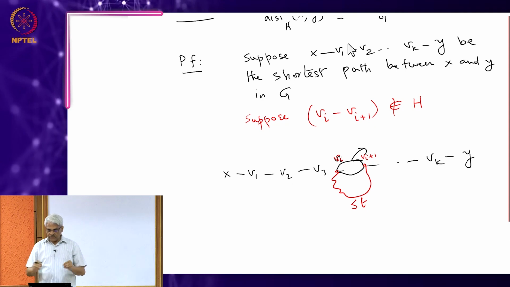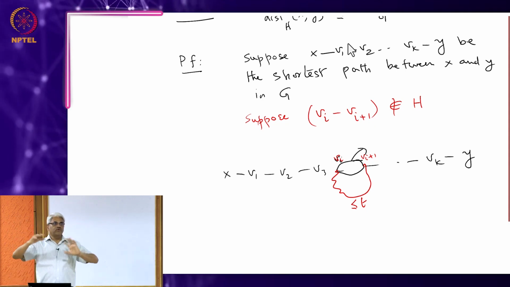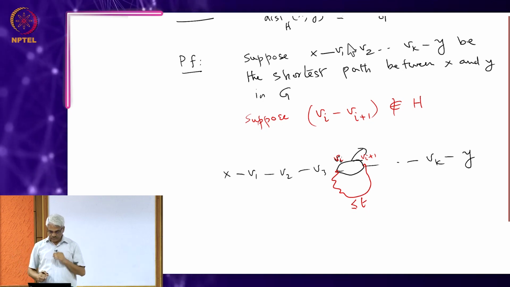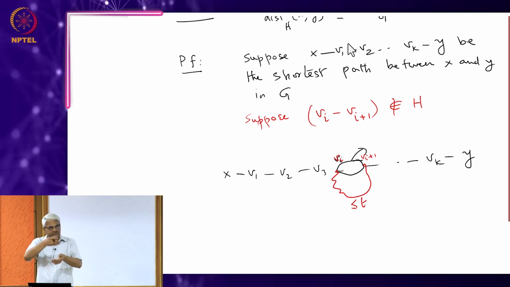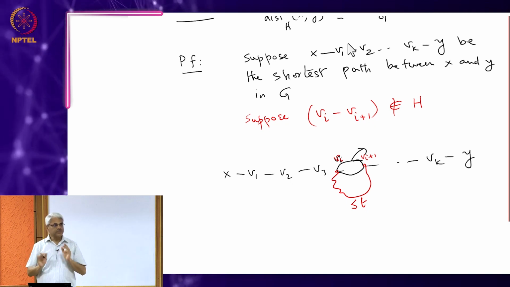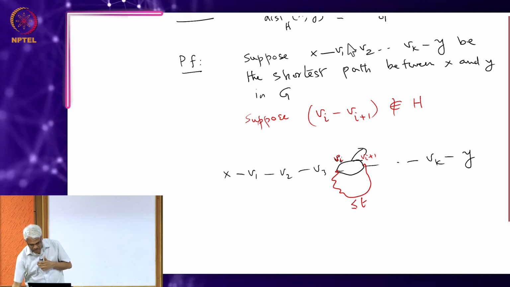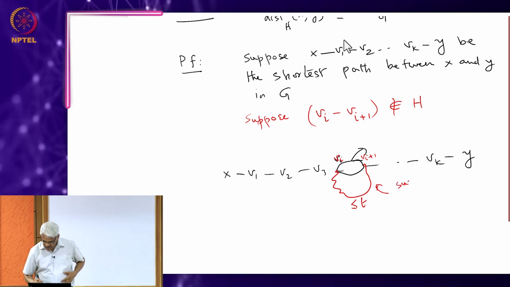So your path of length k may be blown up by at most t times k in H. That is the reason we did not include that edge: there is already a short path. Short means at most length t.